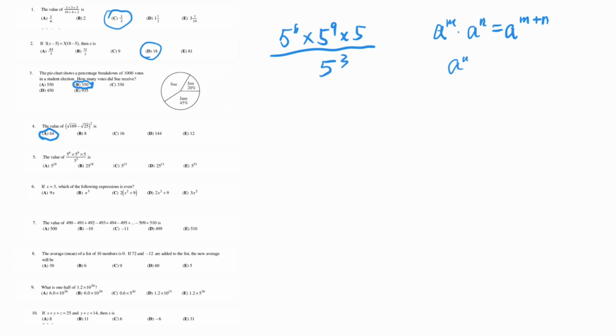A to power m over a to power n equals a to power m minus n. For this problem, all the bases are 5.